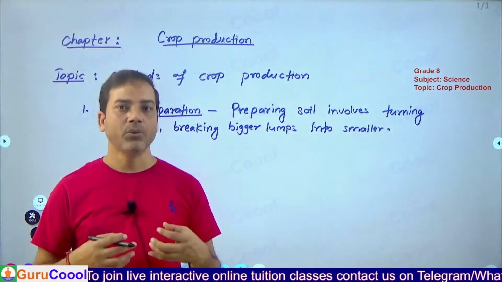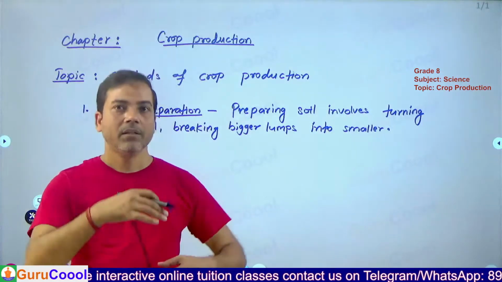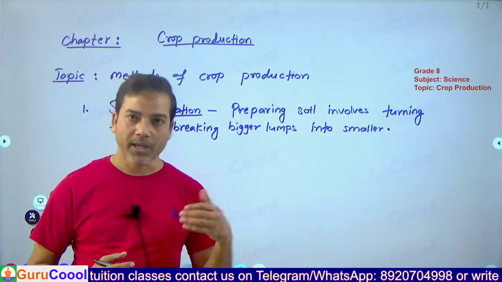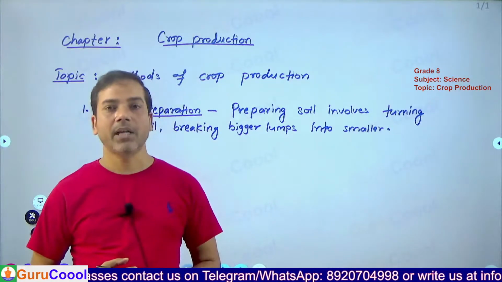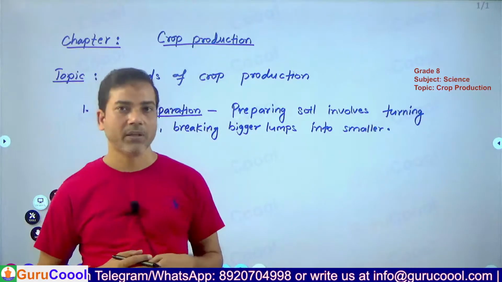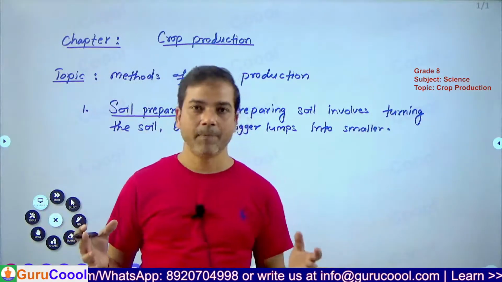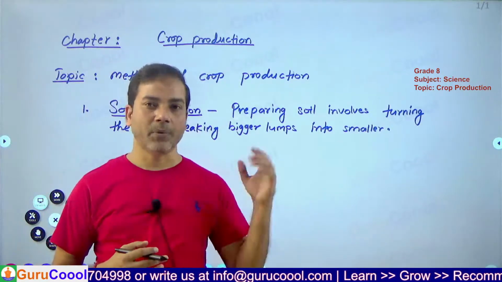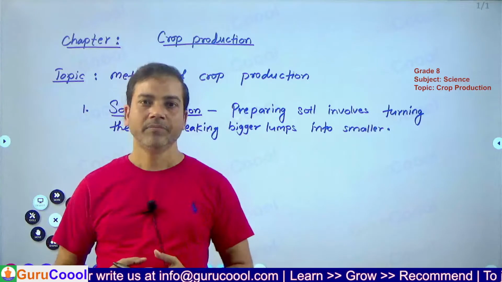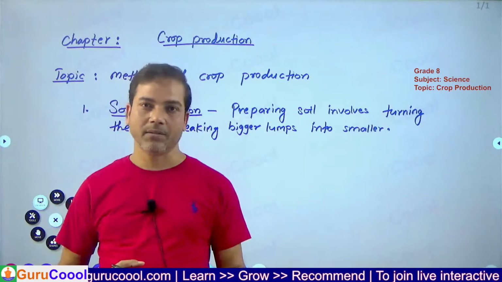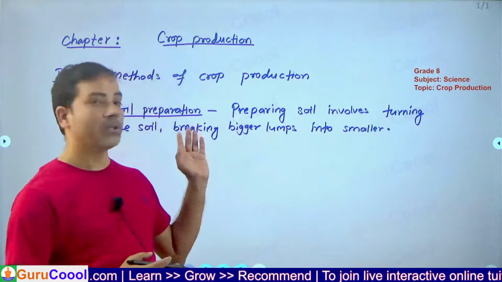You take a tool, dig the soil, turn it over. So it can be done manually, but this takes much more time. It's a very time-consuming process. If you have a very large area for crop production and you do this step manually, it may take 10 to 15 days just for the soil preparation.